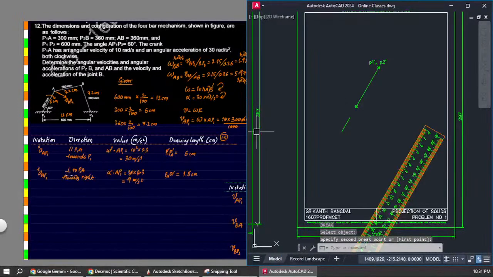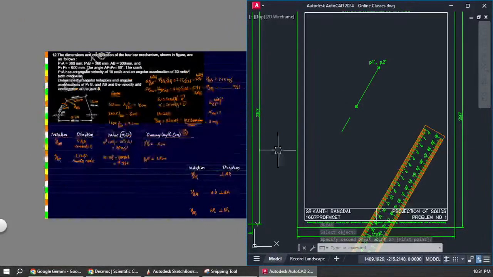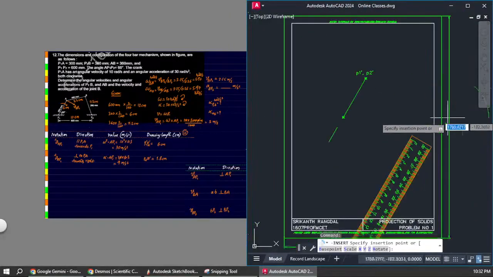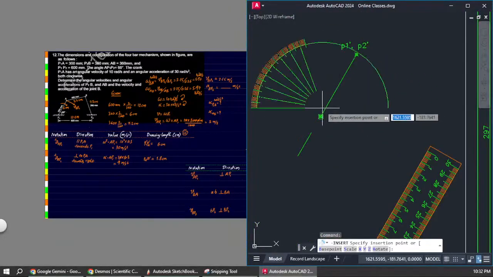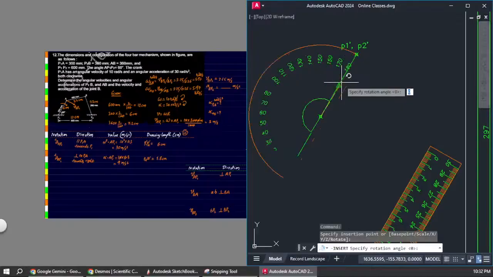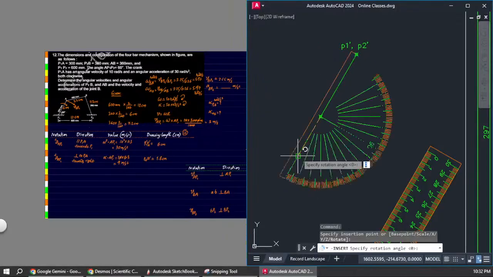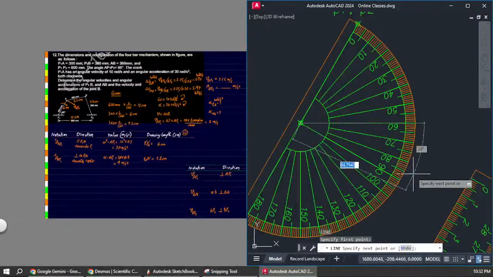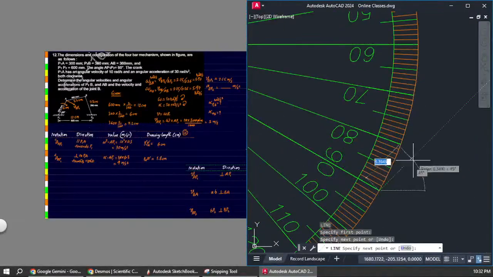Then the next one has to be perpendicular to PA towards right. Towards right means this side. Okay, so next we will take our protractor. Keep it like this, and we will take a perpendicular line, a 90 degrees line.